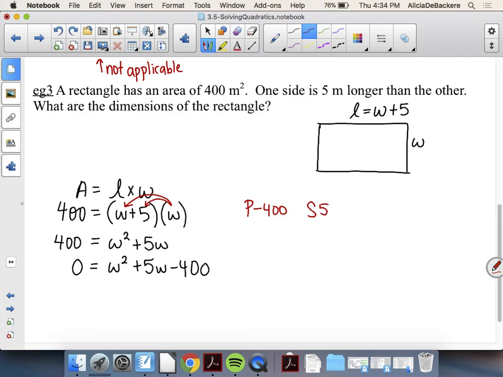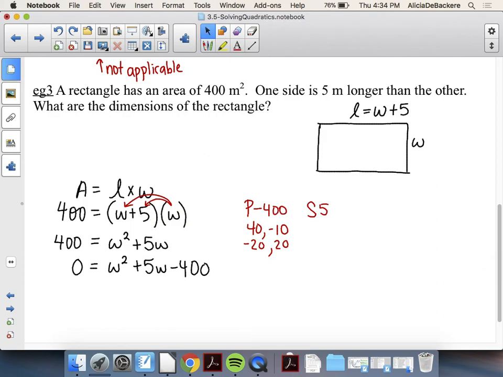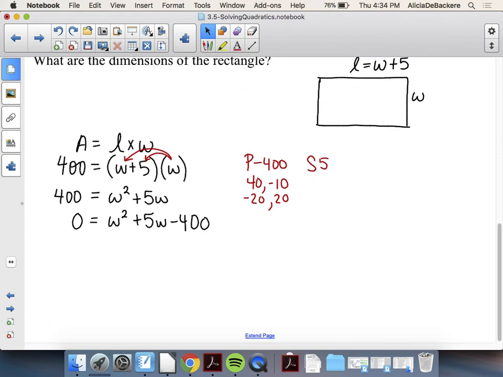And when I go through all the possibilities here, like 40 and negative 10, negative 20 and positive 20, I see that I can't actually get a sum of 5 with any of my pairs. So you could exhaust that list and keep going, but it's not going to work. So I need to use the quadratic formula again for this question.